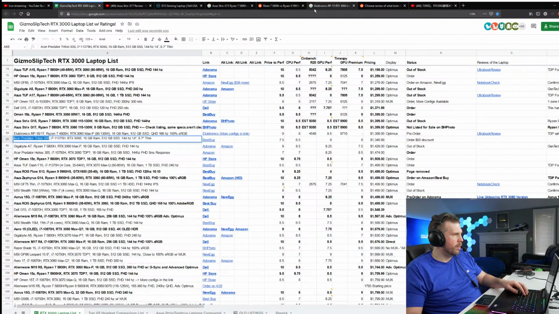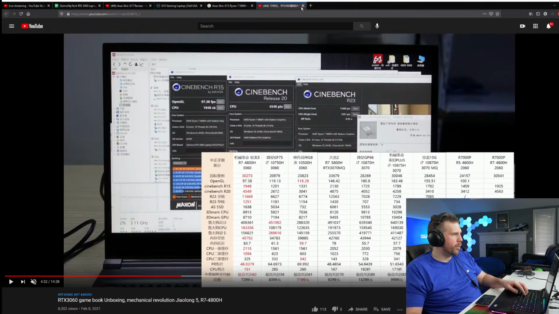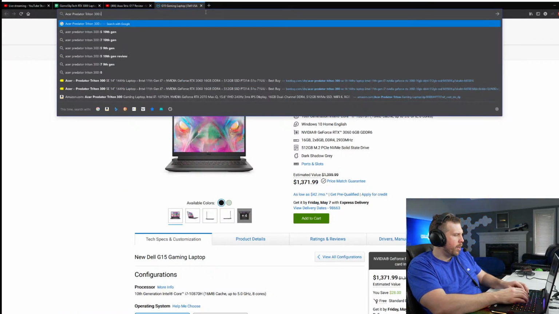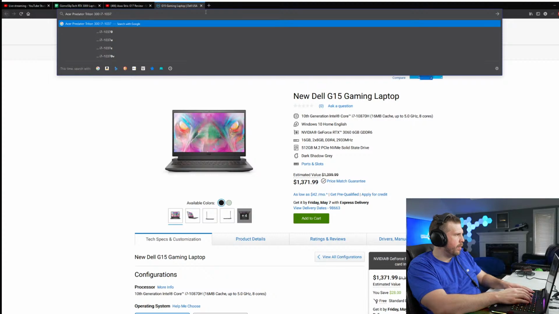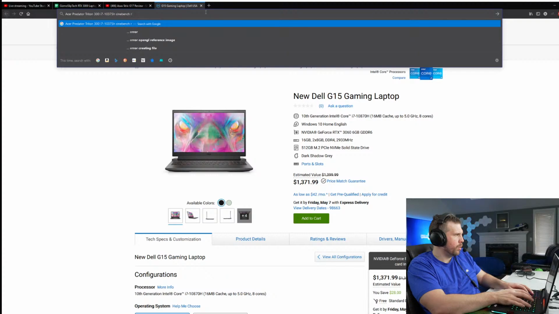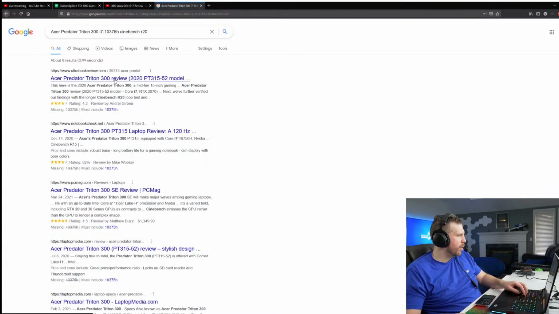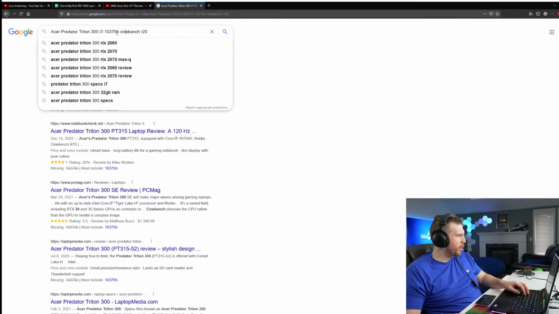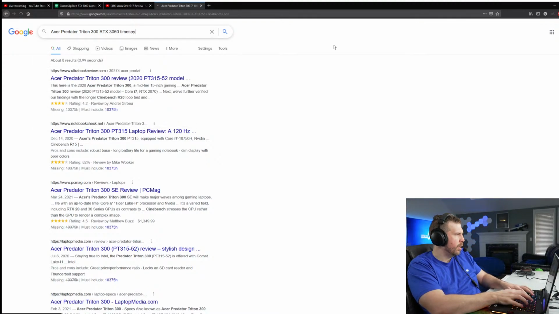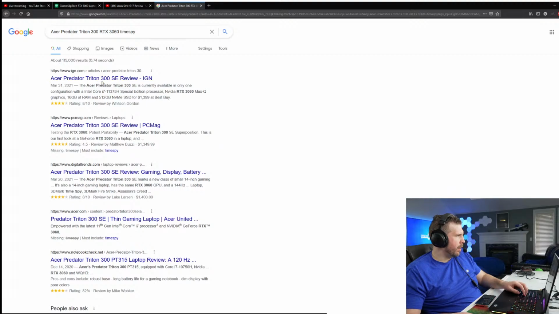On to the Acer Predator Triton. Here we go. i7-10375H, Cinebench R20. I should probably just search for RTX 3060, see if we can find a Timespy result first, and then go for Cinebench.